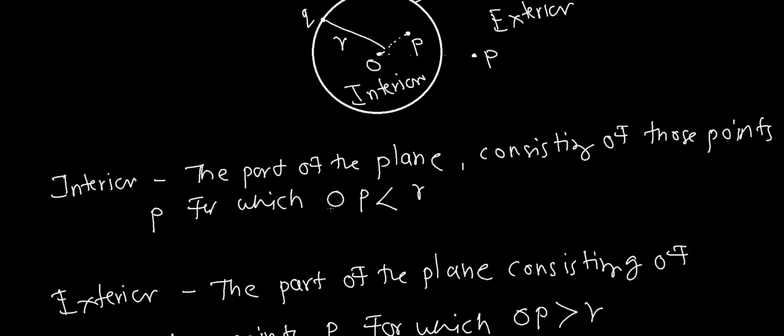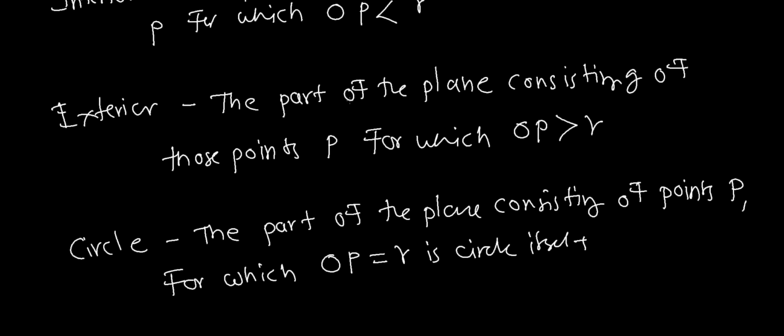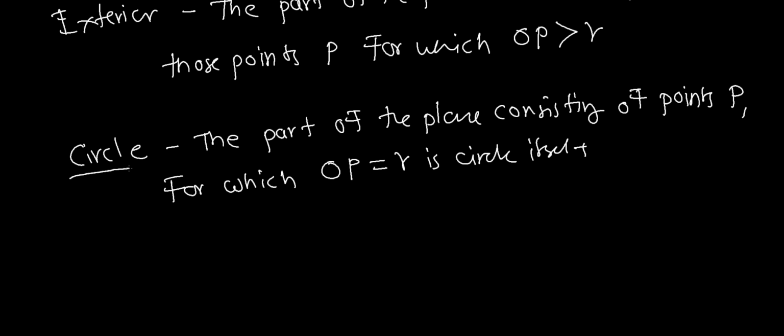It means if we plot a point P here, the distance from O to P will equal the radius of the circle, and the set of such points forms the circle itself. That is what it is saying.